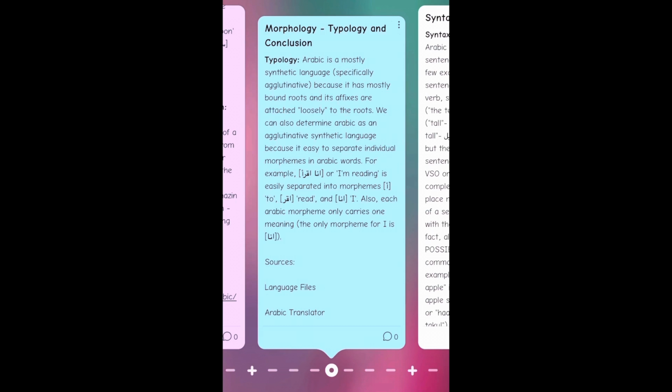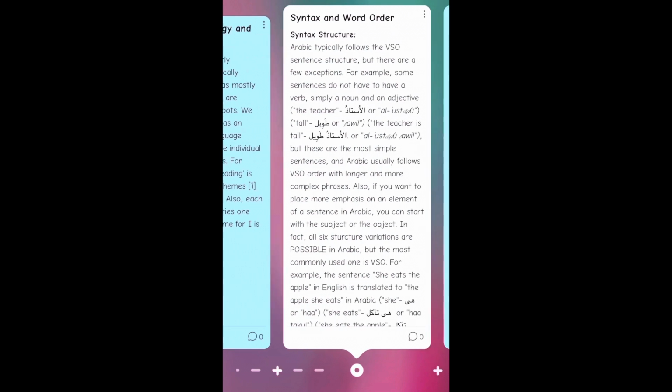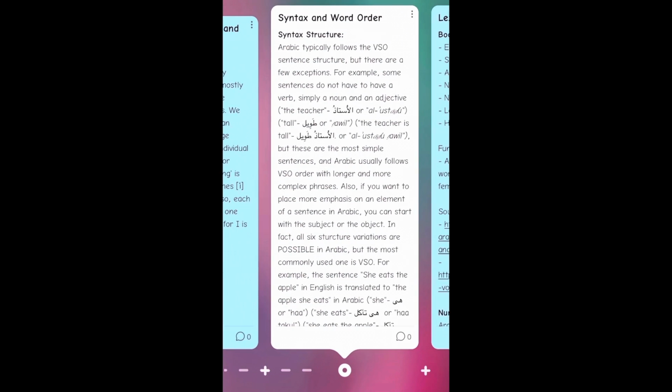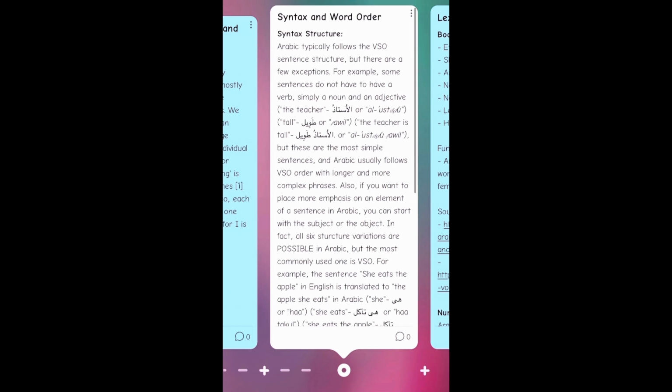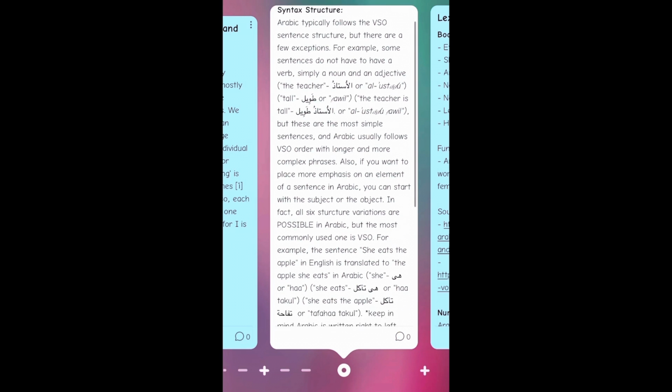Arabic follows the verb, subject, object sentence structure, unlike English, but there are a few exceptions. Some sentences do not have to have a verb, simply a noun and an adjective, but these are the most simple sentences, and Arabic uses VSO order with longer and more complex phrases. Also, if you wanted to place more emphasis on an element of a sentence in Arabic, you could start with the subject or the object.